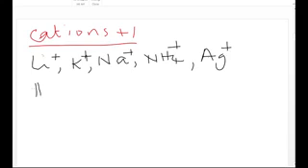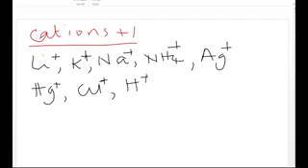We have Hg, that's mercury, most times plus. Sometimes you can have Cu as plus. And we have H plus, hydrogen ion, which is always H plus. Now these are common cations with oxidation number of plus 1. I hope that is clear.